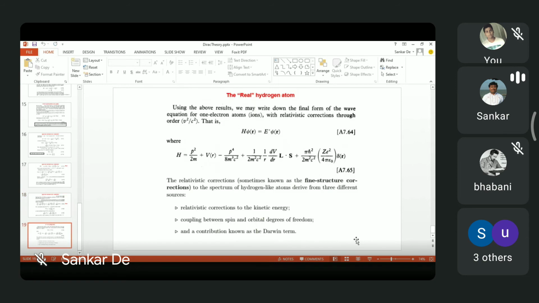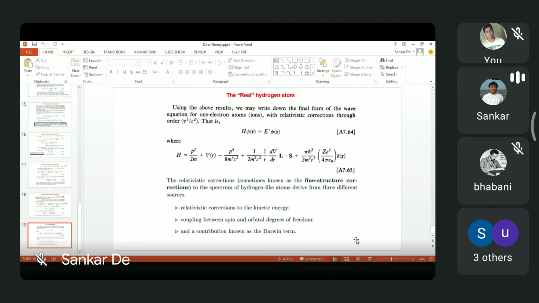Therefore, what we finally found out is a real hydrogen atom. If we combine all the above results, we can write down the final form of the wave equation for one electron atoms or ions, hydrogen-like ions, where we include all the relativistic corrections through v square by c square order.